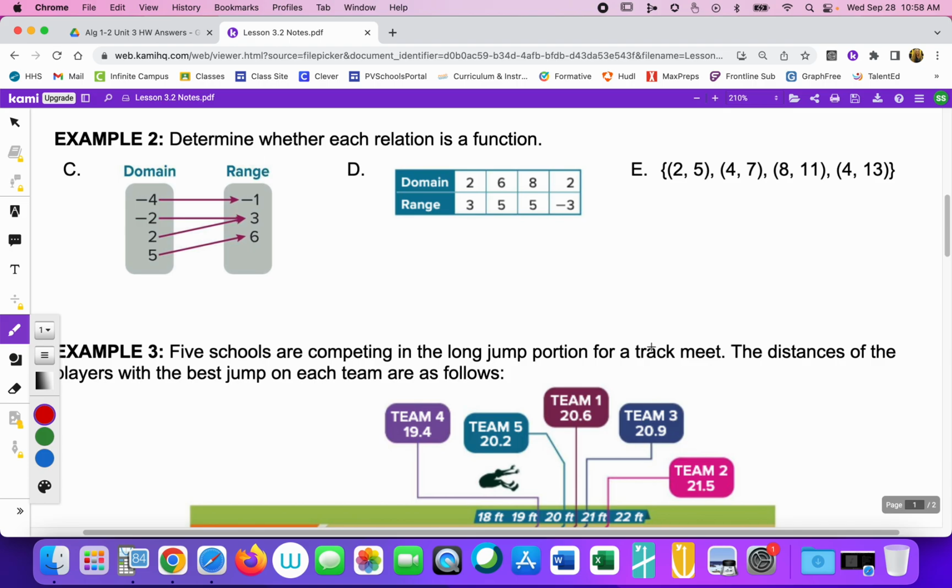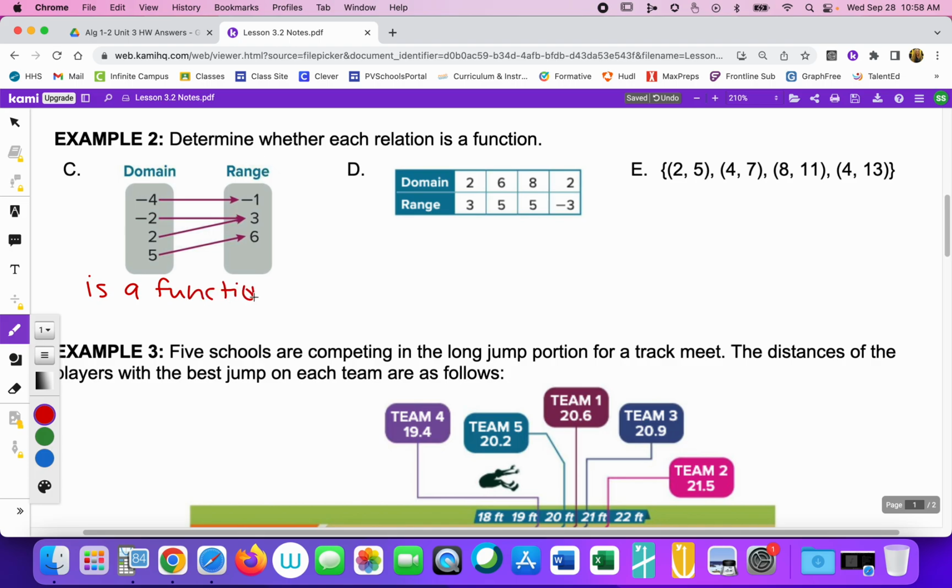Do we have that happening? Two arrows coming from the same domain value. -4 has one arrow coming from it. -2 has one arrow. +2 has one arrow. +5 has one arrow. So this one is a function.